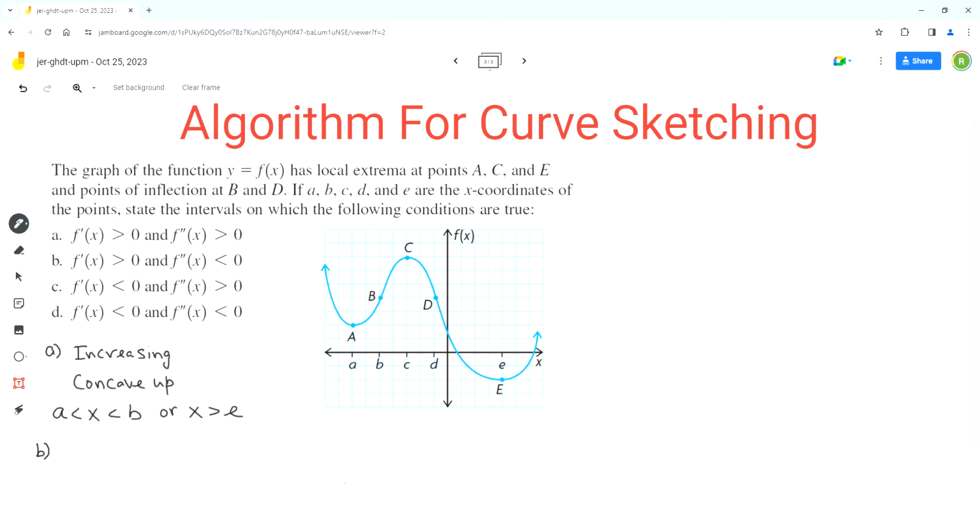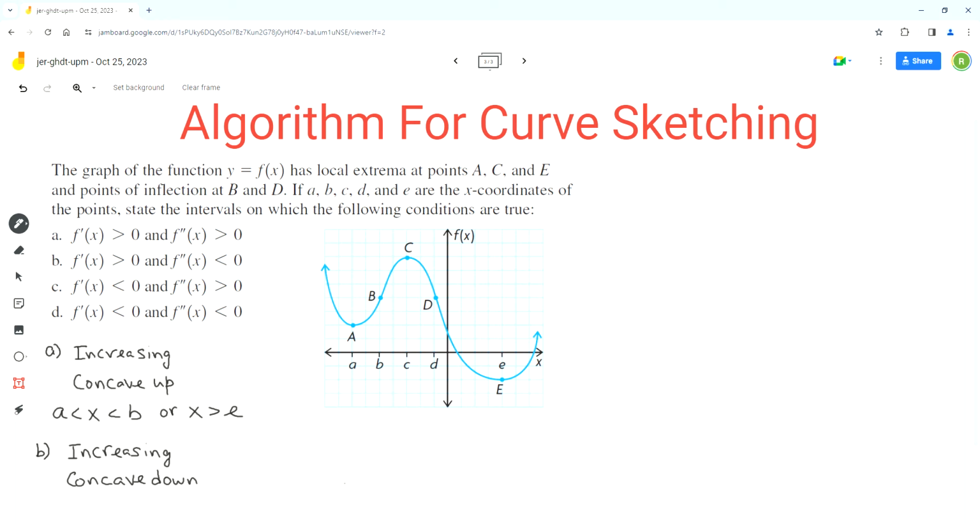Now in part B, the first derivative is greater than 0. That means the function is increasing. And the second derivative is less than 0. That means the curve is concave down. So we have to find the intervals in which these two conditions are satisfied. Increasing function means that as you go from left to right, the curve slopes upward or the y value increases.